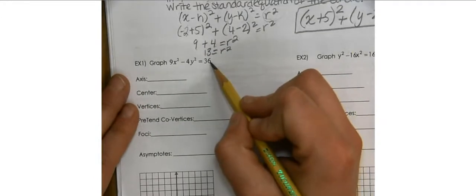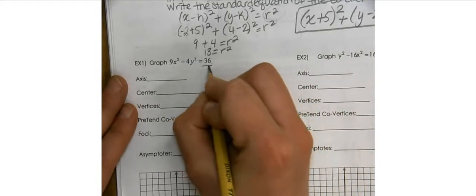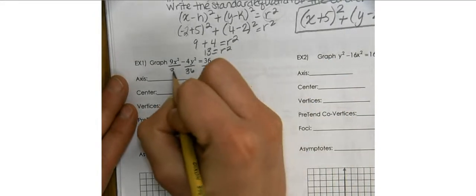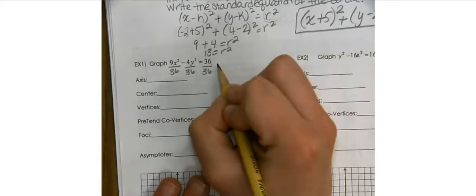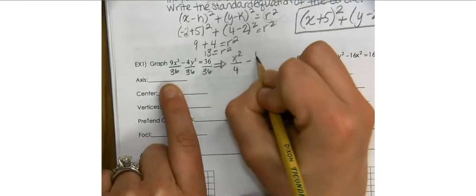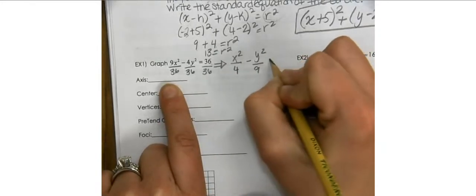The first thing we want to do is make sure that our equation is written in the form that we need. And that means that it needs to equal 1. So I'm going to divide both sides, every single term on both sides, by 36. And by doing that, we now have x squared over 4 minus y squared over 9 equals 1.